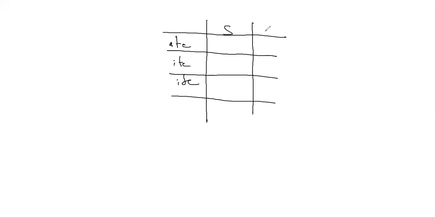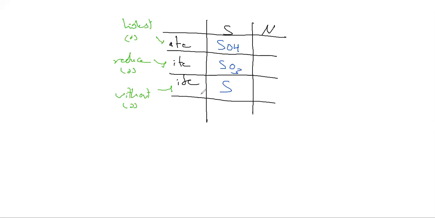For -ate and -ite, -ate means the biggest number of O, or the highest number of O. -ite reduces 1 O. -ide has no O. Sulfate is SO4, so sulfite reduces 1 O to be SO3. Sulfide is S. Nitrate is NO3, nitrite is NO2, and nitride is N.